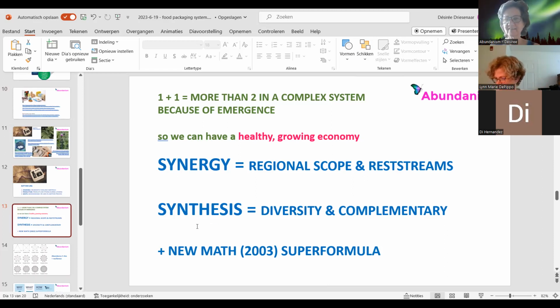The synthesis is a lot about diversity and complementary processes, because we now have a lot of industrial estates that are all the same. But if you emit CO2, then you can have a greenhouse next to it that uses it in a closed system to produce spirulina or food or something else.